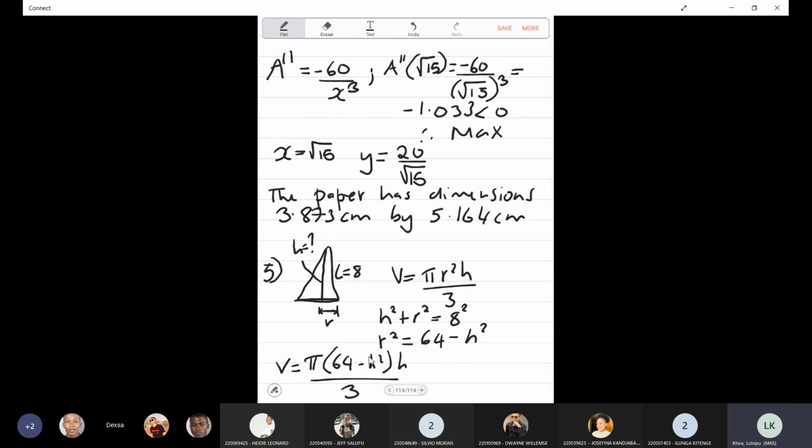So doing that, we have 64 pi h over 3 minus pi h cubed over 3.